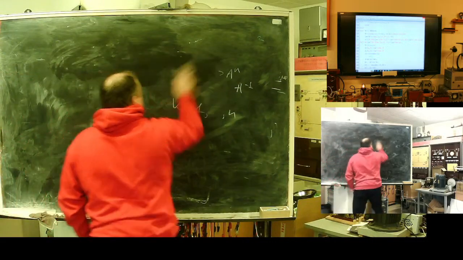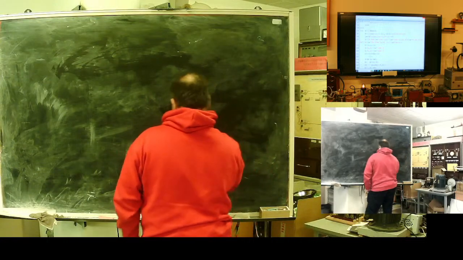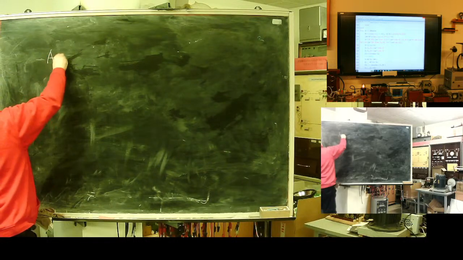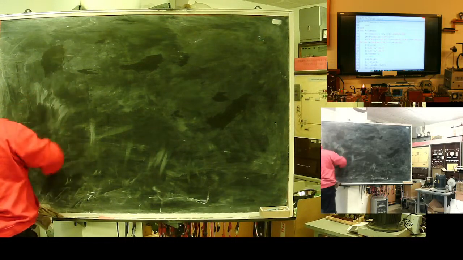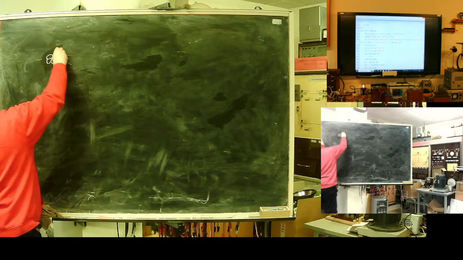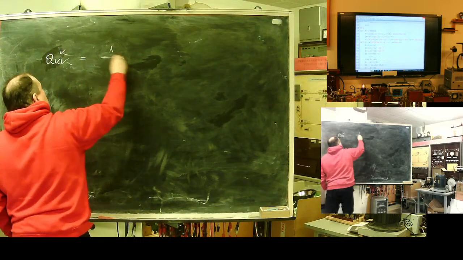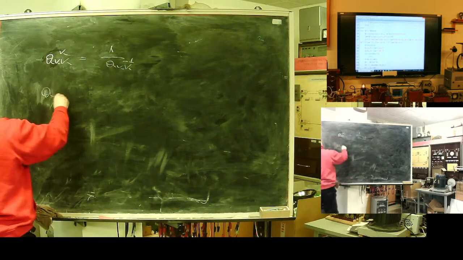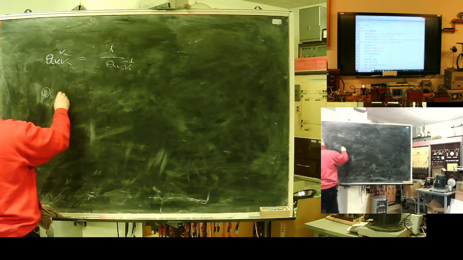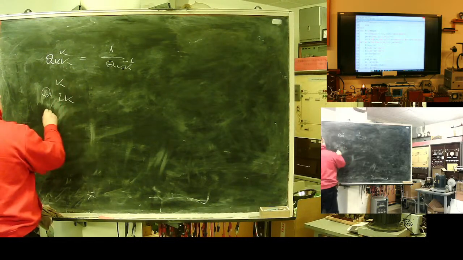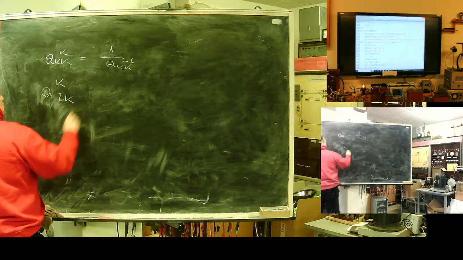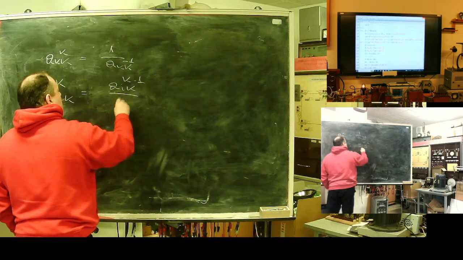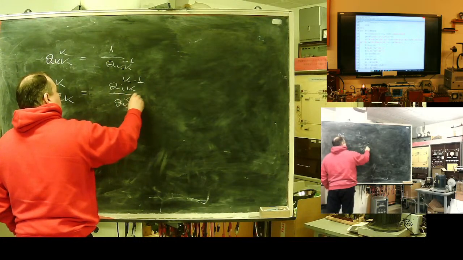And each step, do it like this. AKK next should be 1 over AKK previous. AIK next should be AIK previous divided by AKK previous.